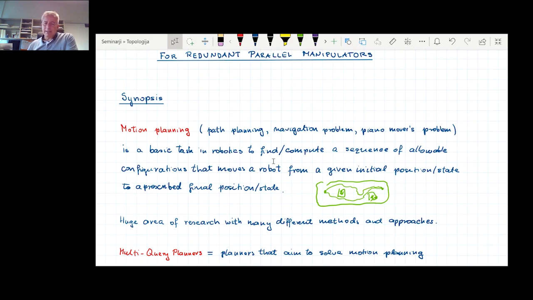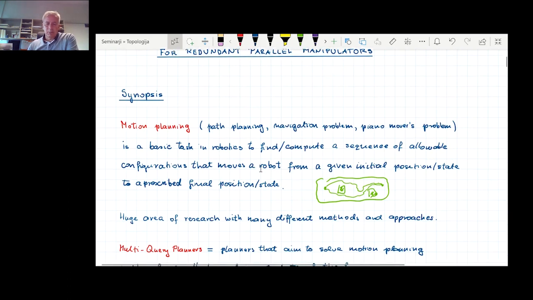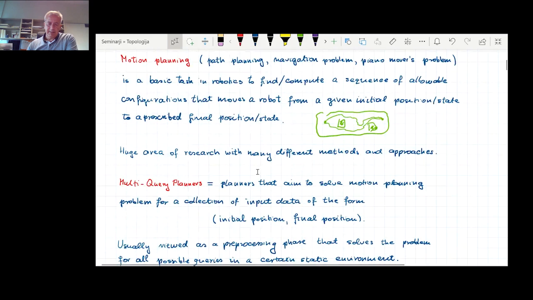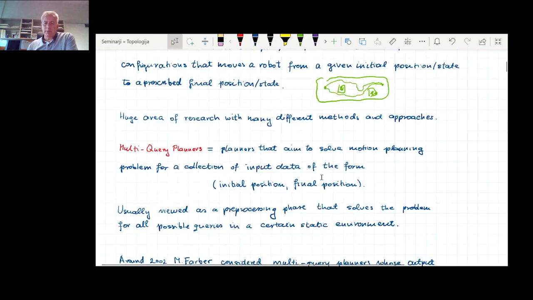path. But sometimes you want to do some kind of pre-processing where you have some fixed environment in which you want to move, and then you try to compute in advance a lot, maybe all possible paths.